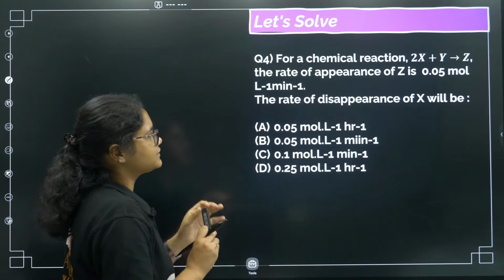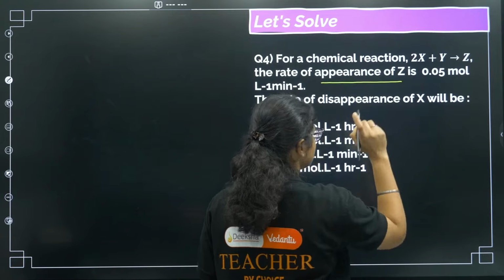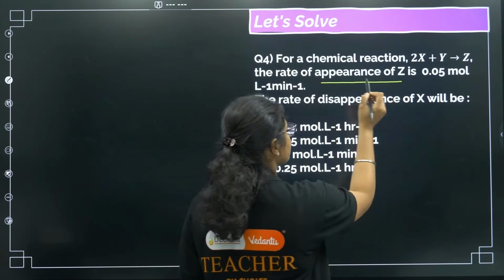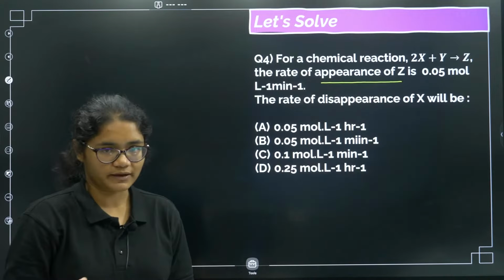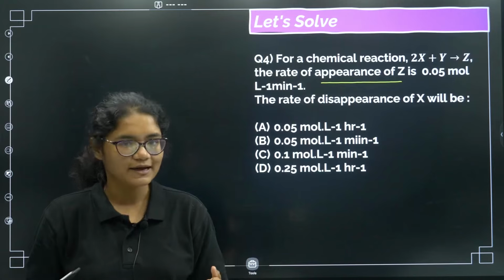For a chemical reaction 2X plus Y gives Z, the rate of appearance of Z. So rate, now here also I want to tell you two important things that you have to remember. The rate of appearance means rate of formation. Now tell me, reactants are getting formed or product is getting formed? Product is getting formed, right?